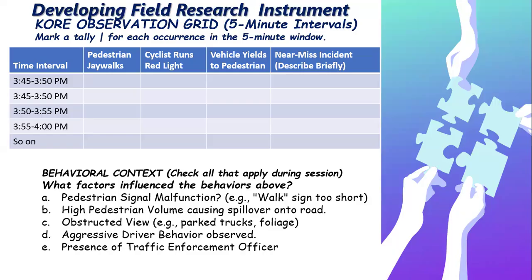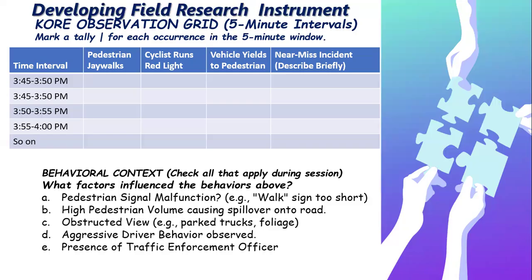Behavior context: check all that applied during this section. What factors influence the behavior you counted? Pedestrian signal malfunction, for example, the walk sign is too short.